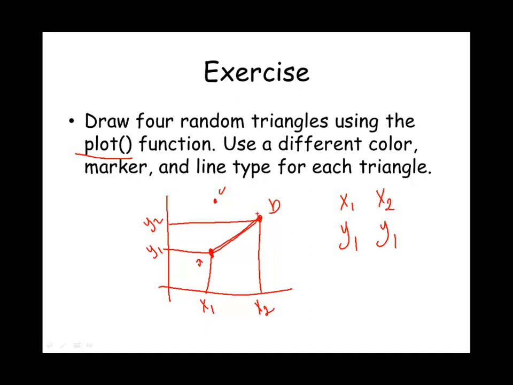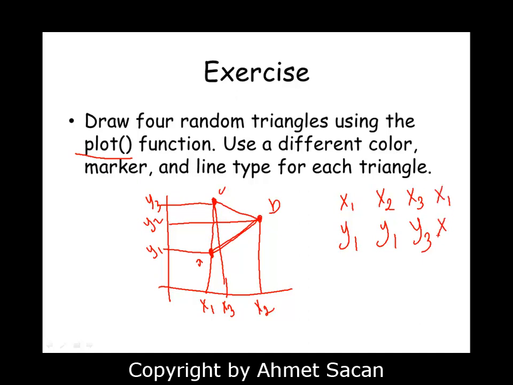From point B, we want the plot function to move to point C, and let's say point C has coordinates x3, y3, so the next point will be x3, y3, and then from there we want the plot function to go back to point A, which has the coordinates x1, y1.